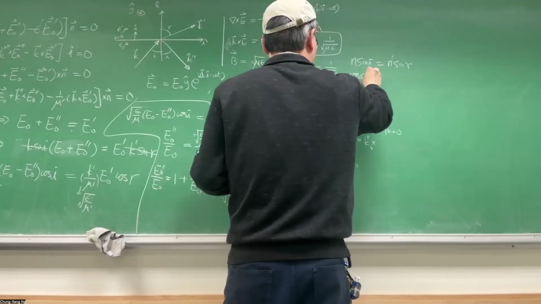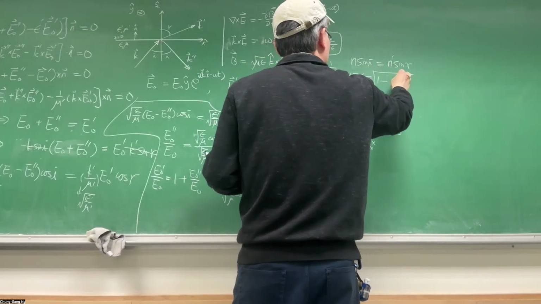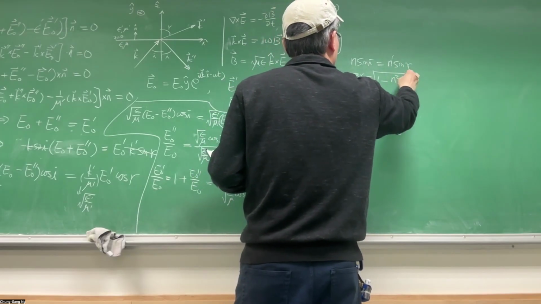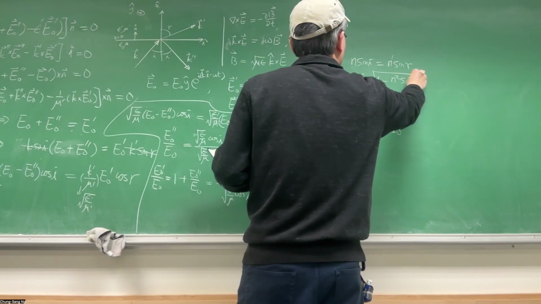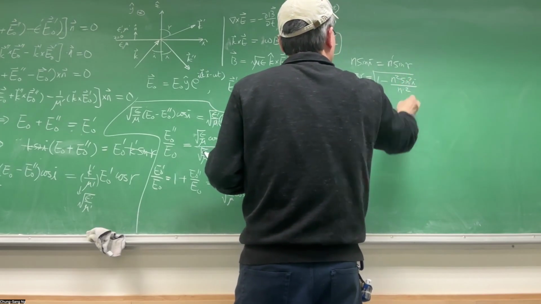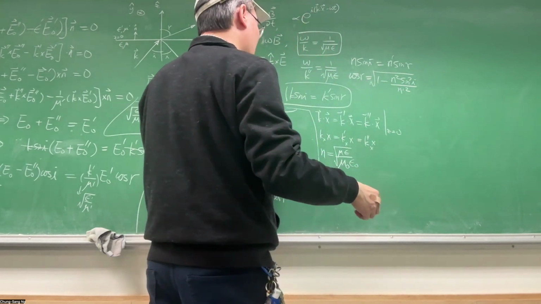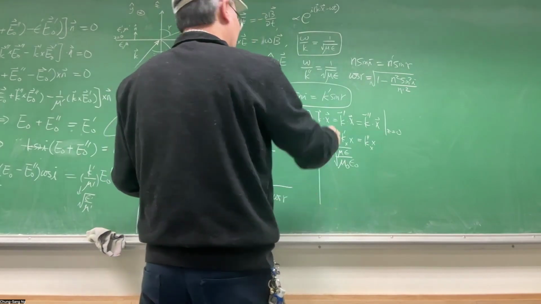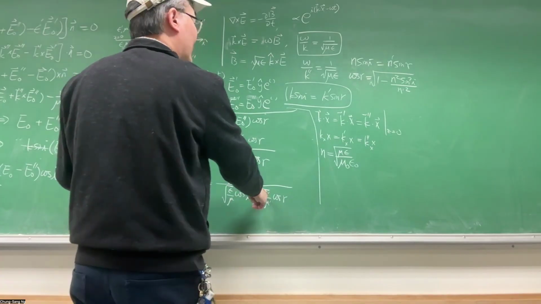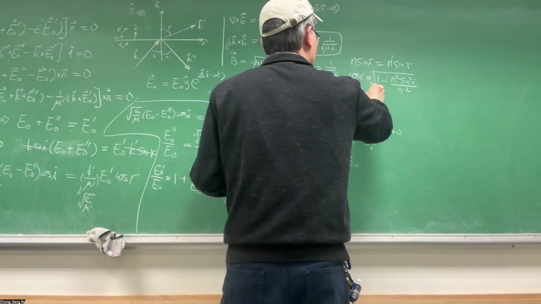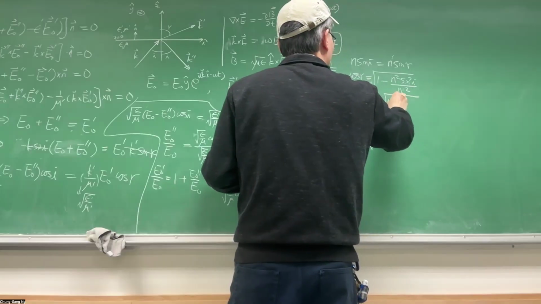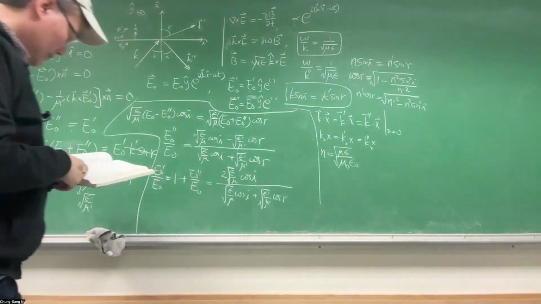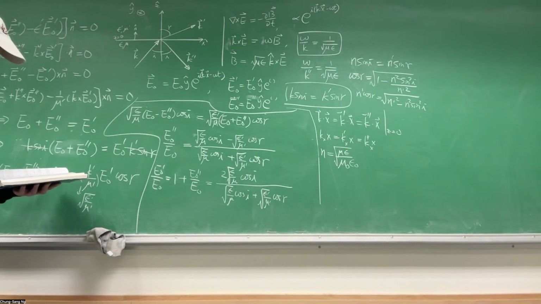The cosine R is the square root of 1 minus sine squared R, which is n squared sine squared I divided by n' squared. And then this one you have n', so you multiply by n'. The square root of n' squared minus n squared sine squared I is the factor in Jackson's expression.